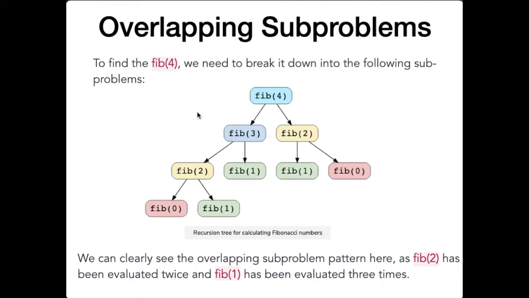So to find the fourth Fibonacci number, since there is a recursive definition of the Fibonacci number, then we can create a recursion tree. So fib of 4 is obtained by getting the sum of fib of 3 and fib of 2. So this is n minus 1, this is n minus 2.